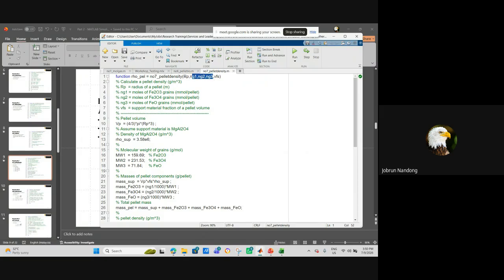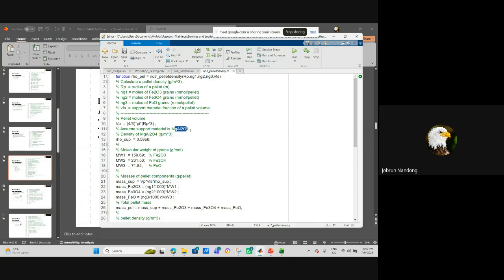We need to know the pellet radius and the pellet support material. VFS is the volume occupied by the support material. In this case, I assume that we use magnesium aluminate.